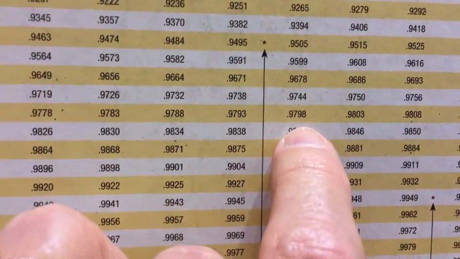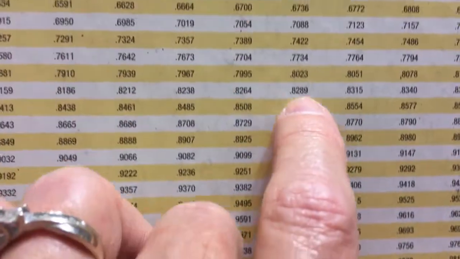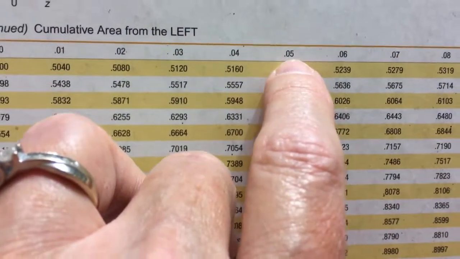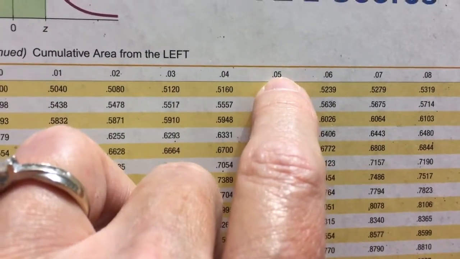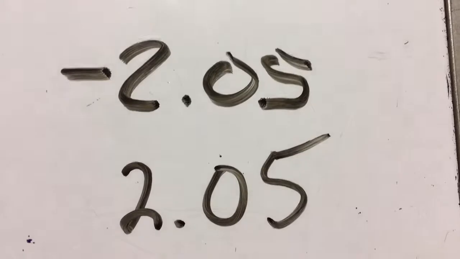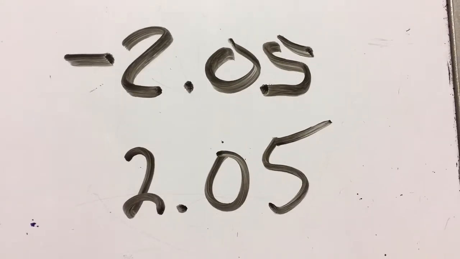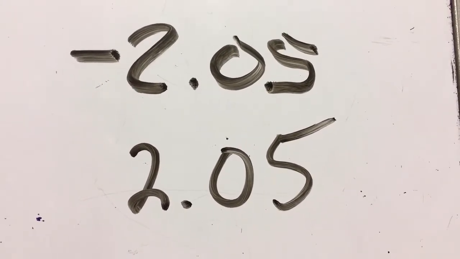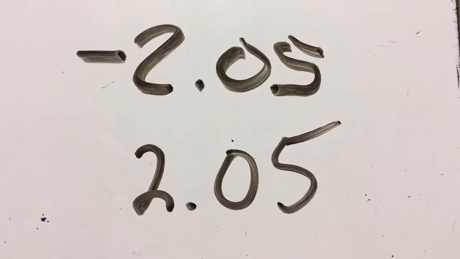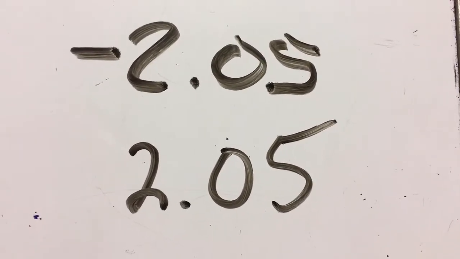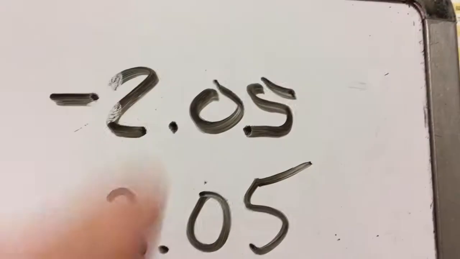And when I go back to that value and I go up, guess what I get? 2.05. So my two values, -2.05 and +2.05, would be the boundaries for the bone density scores that would be too low and too high.